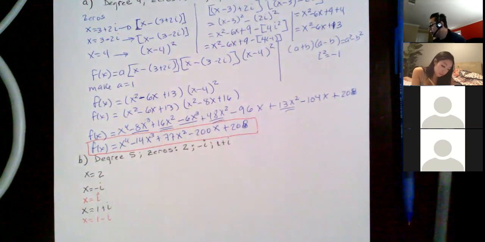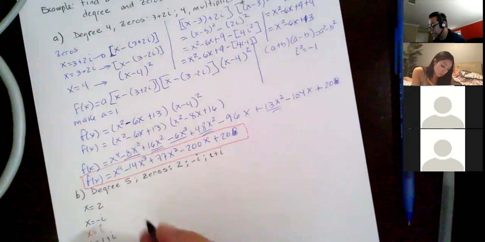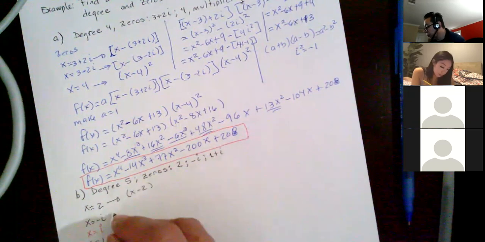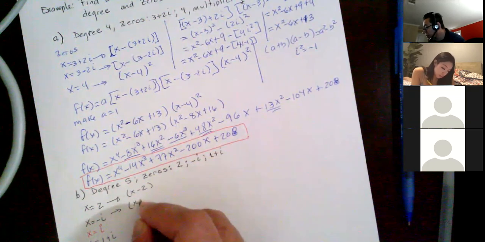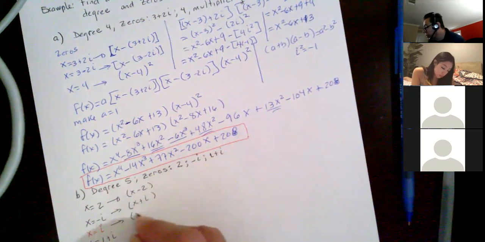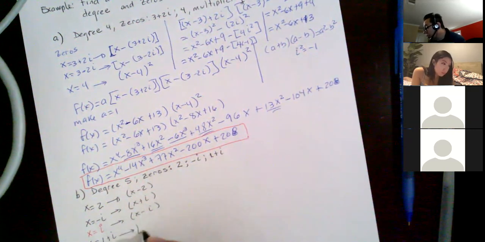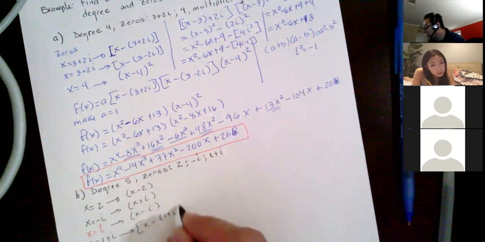All right. Now, if you guys write it now as factors, here would be x minus 2. Here would be x plus i. Here would be x minus i. Here would be x minus 1 plus i.